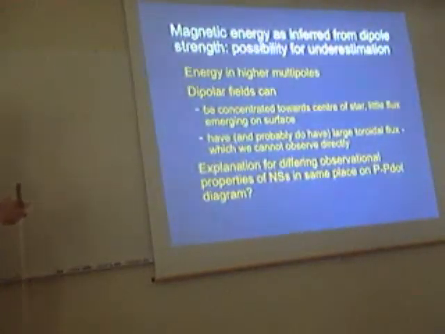Or you can have a very, very strong toroidal field, and the toroidal field you can't see on the surface, because only the poloidal component goes through the surface. So this may be one reason, perhaps, why we see neutron stars which have the same spin period and the same dipole field strength, but very different observational properties. Some of them are emitting mainly in radio waves, and some of them mainly in X-rays and gamma rays.